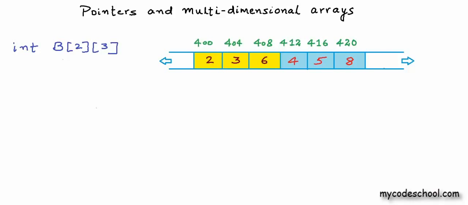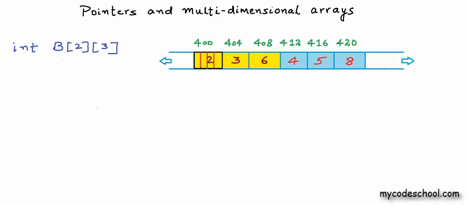What I have tried to show in this figure is how array B will be organized in memory. I have assumed that the starting address of the array is 400. Each cell storing an integer here is a block of 4 bytes. As we know, each byte in a computer's memory has an address. I am not drawing partitions for all the bytes. I am drawing blocks of 4 bytes each, and that's why I'm writing only the starting address of each block.